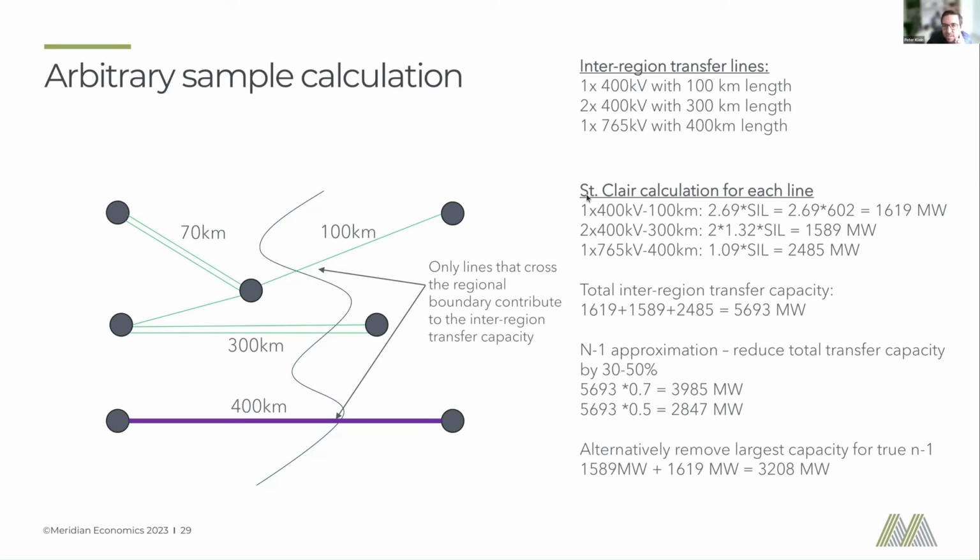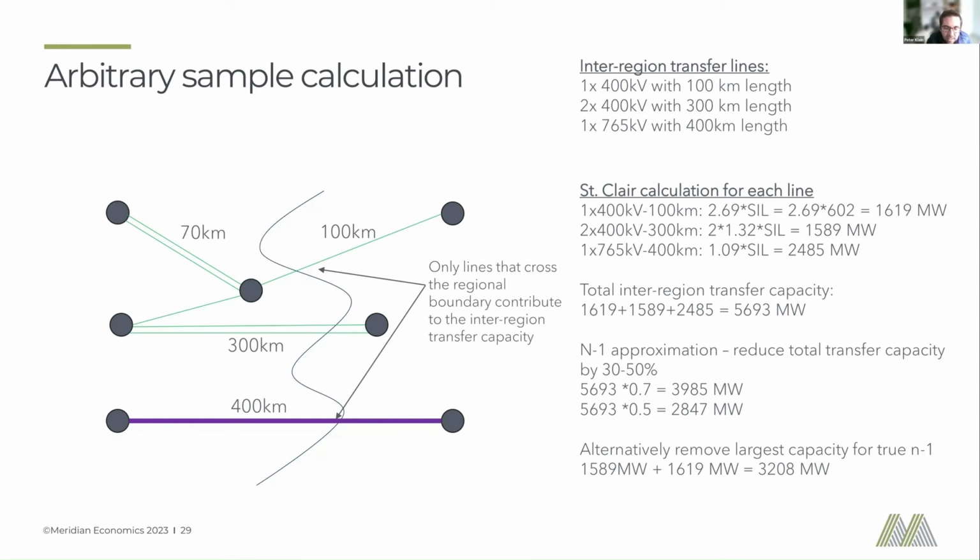We can use our Sinclair curve to calculate how many megawatts of transfer capacity there could be for each of those lines. And then the question is how you do some kind of n-1 approximation across your network.